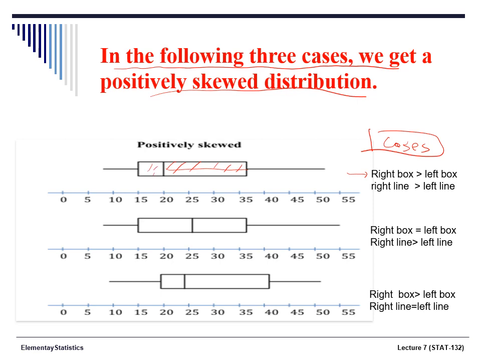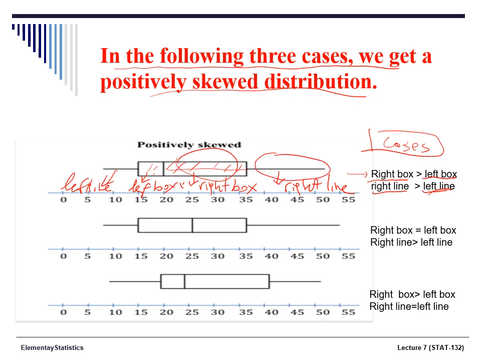The right box is here, the right line here, the left box here, and the left line here. If the right box is bigger than the left box, and the right line is longer than the left line, both are longer on the right. So in this case, we have a positively skewed distribution.